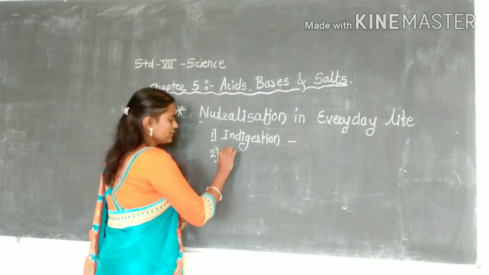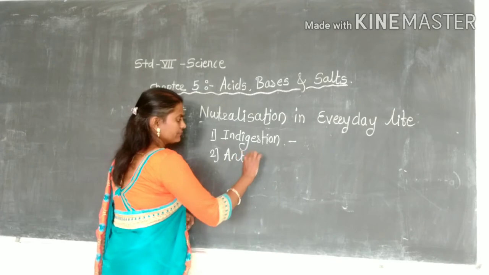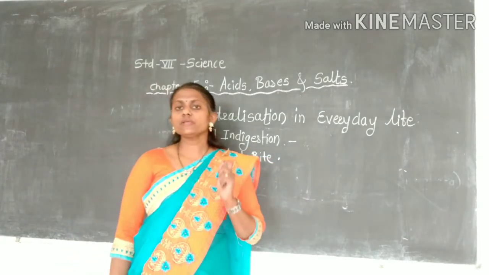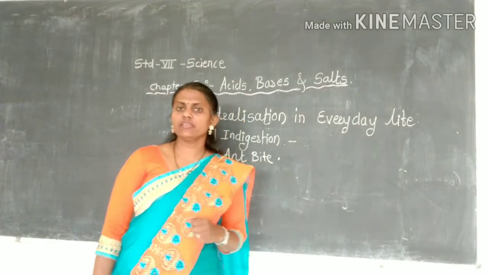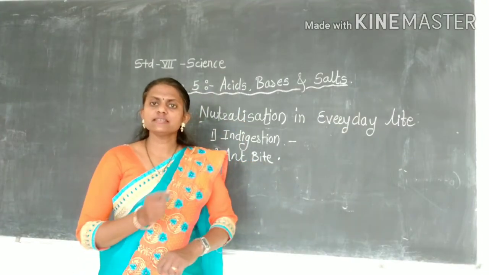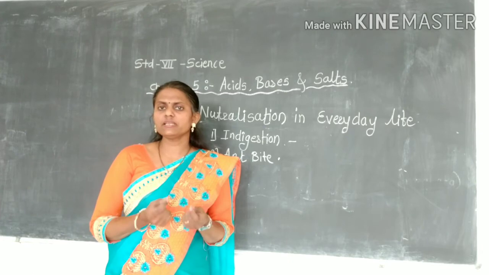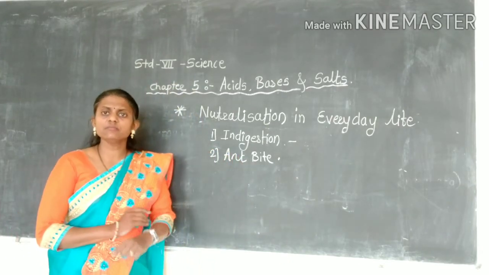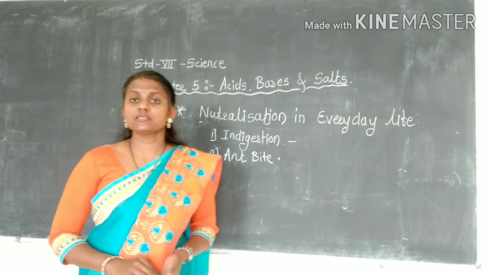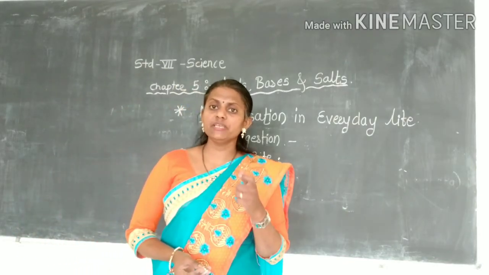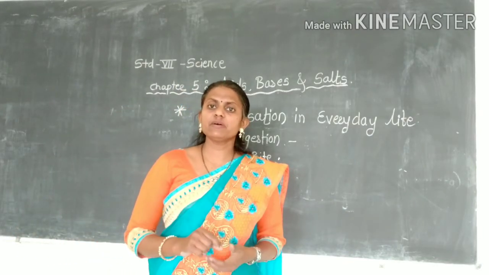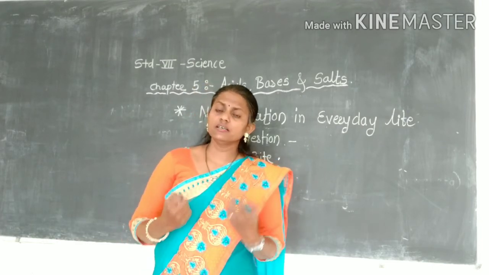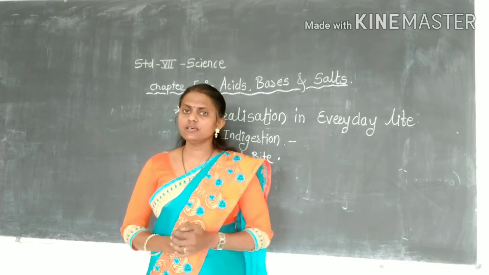Next, ant bite. In an ant bite also, suppose any ant bites you, normally with small ants there is some irritation, but if the big ants bite, we have a very high irritation on our skin.